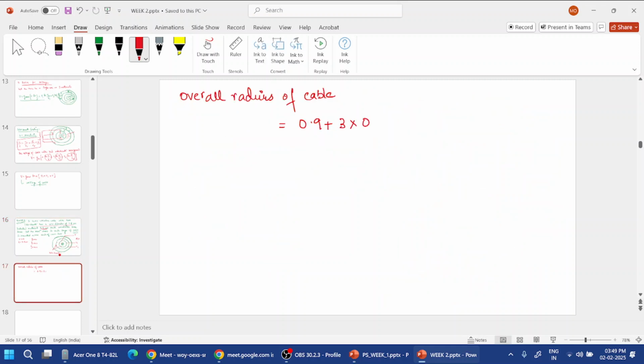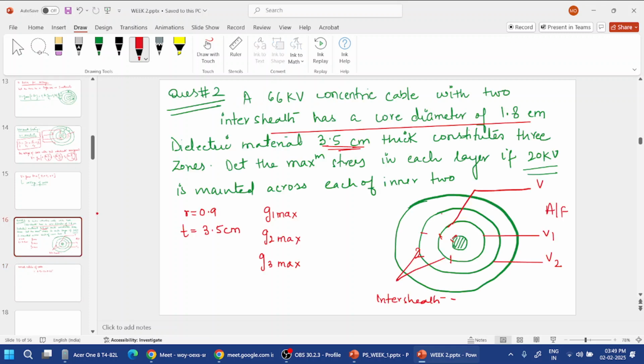Then 3 into 0.35. Why? Because the intersheath thickness of 3.5 mm is given. This is in mm, so you must change it to centimeters.